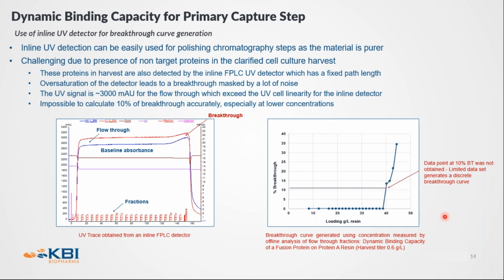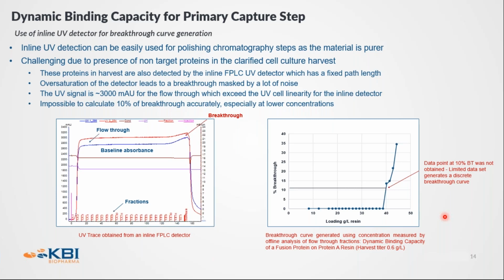In a single fraction, the concentration changed from 0 to 13%. So basically, we did not get a point at 10% breakthrough. We plotted our breakthrough curve and interpolated our data to get the 10% breakthrough, but I will not be confident in saying that this is the precise value.